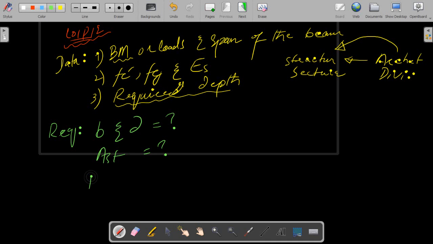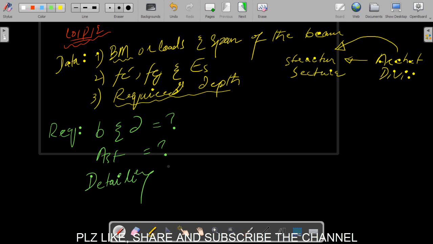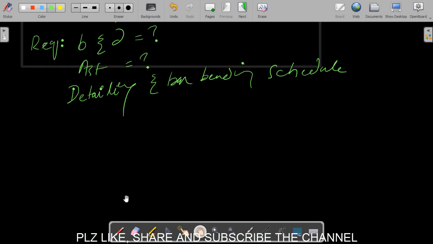And detailing, which is the most important step of structure designing, right? And finally we need the bar bending schedule. This is the work of a structural engineer. He may be responsible for finding out the B and D of the section, area of steel, detailing and bar bending schedule.